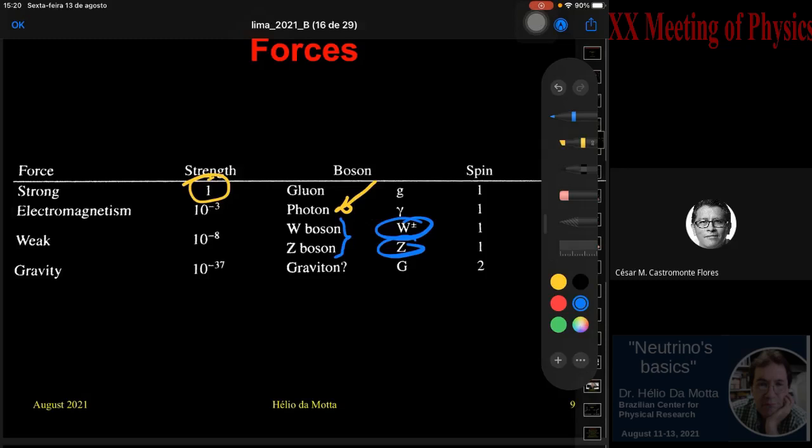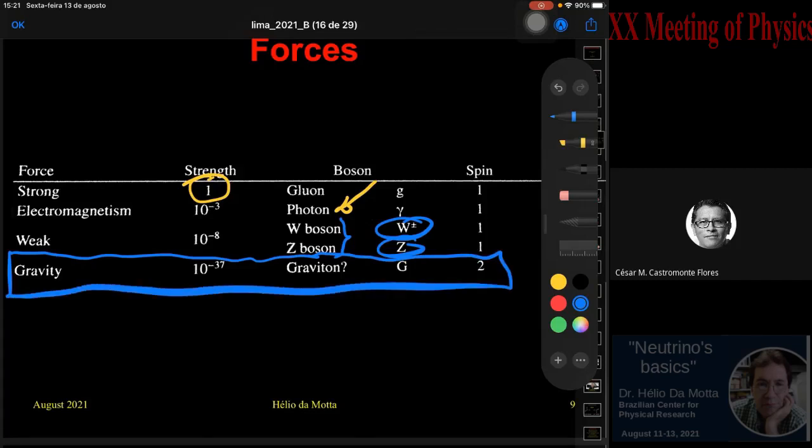Gravity is here just to be complete, because in fact, we don't know yet. We suppose that the same happens for gravity, but it's just a theory, it's just an idea. And we don't care about it because, look here, it will be so weak, 10 to minus 37, that it doesn't really matter for us. At least that's how I think.